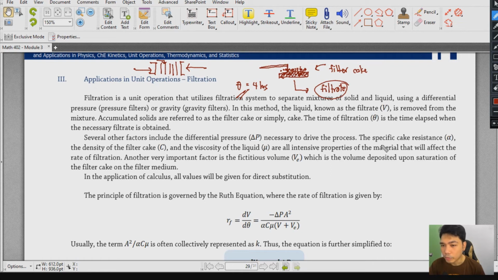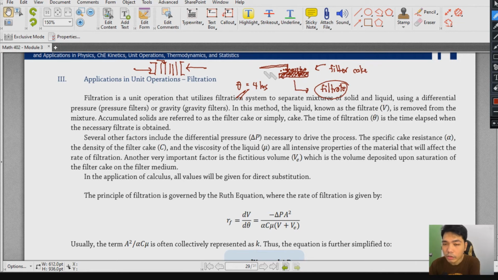And we call the resistance offered by this cake the specific cake resistance, alpha. And of course, it has a density, and we call that the density of the filter cake, C. Those are the other parameters we can incorporate for our cake.